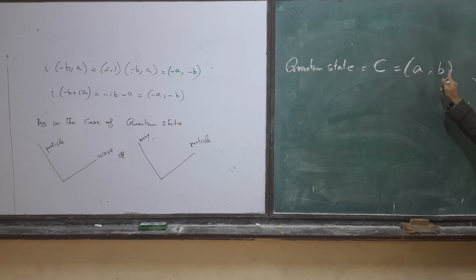Maybe it is wave, maybe it will be particle. Both may be replaced with each other. You may say that this is a particle and this is wave behavior, or you may say that this is wave behavior and this is the particle.